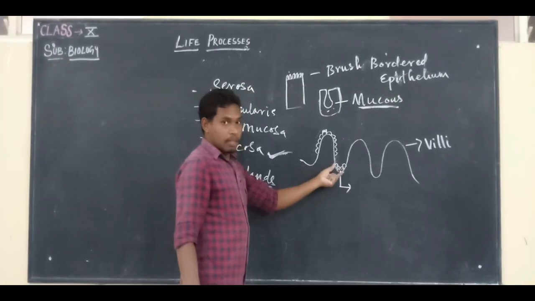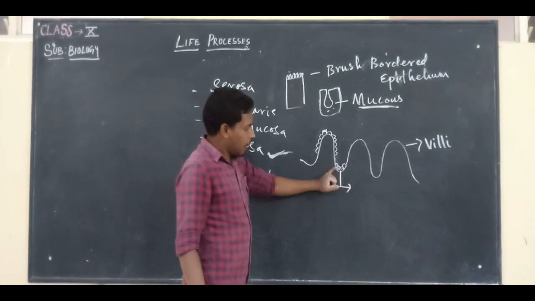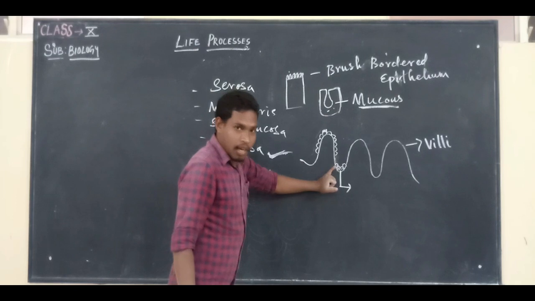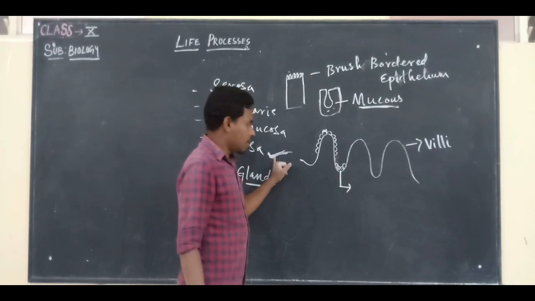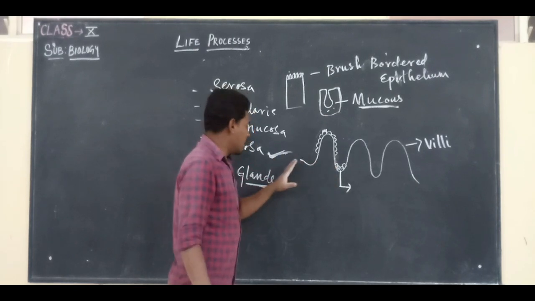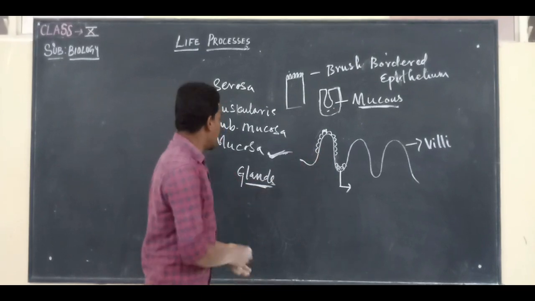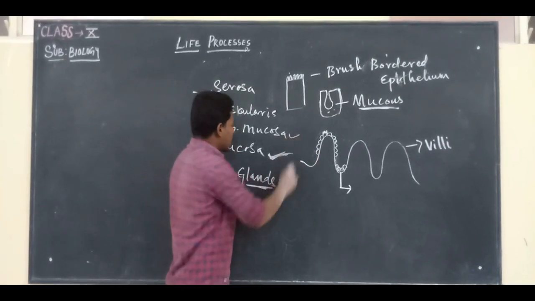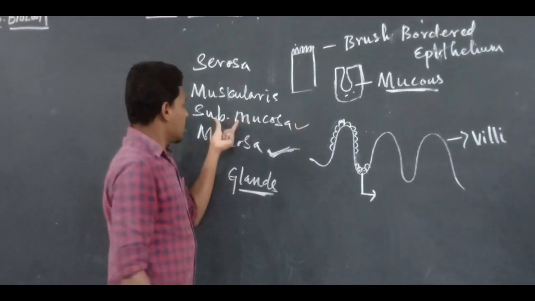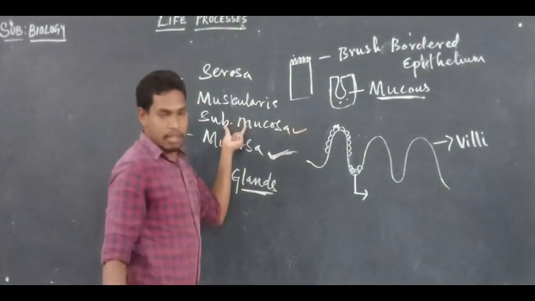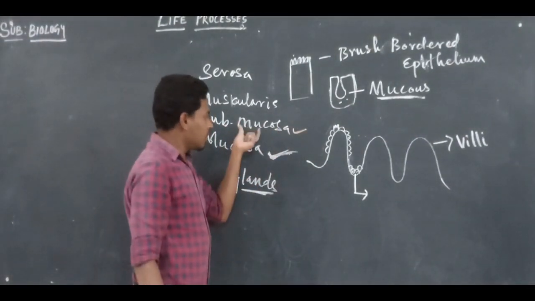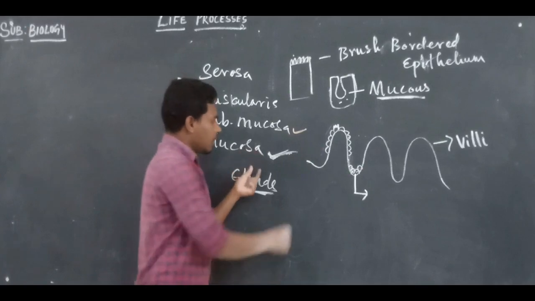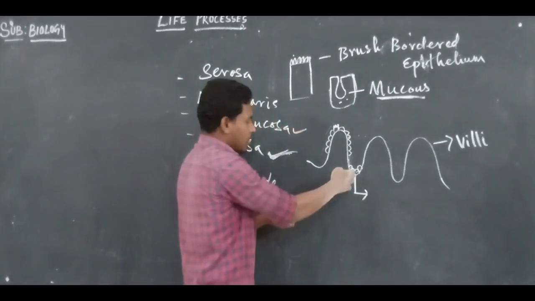There are 2 types of glands actually. On the surface of the mucosa layer, one type of gland is present, and in the layer of submucosa another gland.